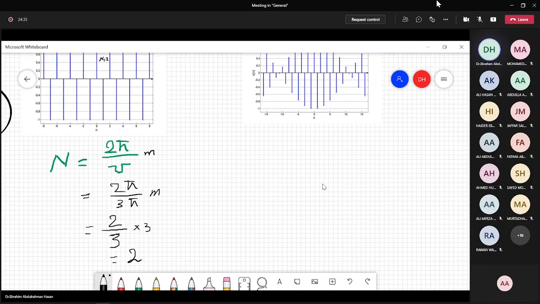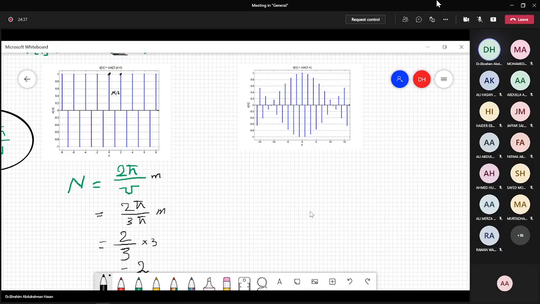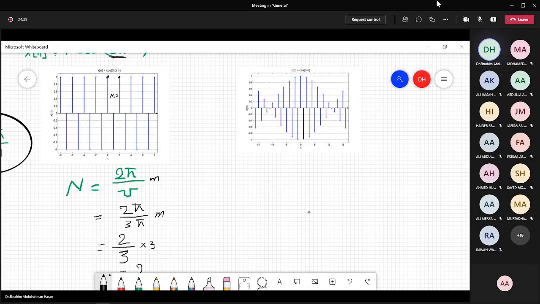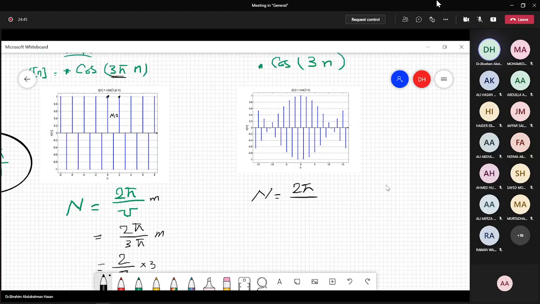Okay, if you repeat the same thing with the second one, N equal to 2 pi over omega, and omega here is equal to only 3 multiplied by m. So even if you let m equal to 3, then N equal to 2 pi, and 2 pi is not an integer.